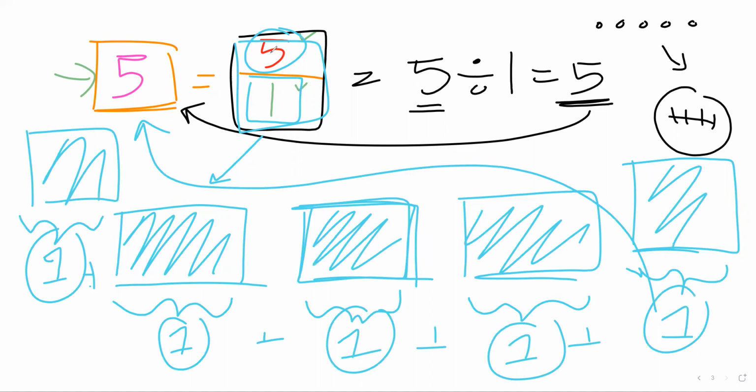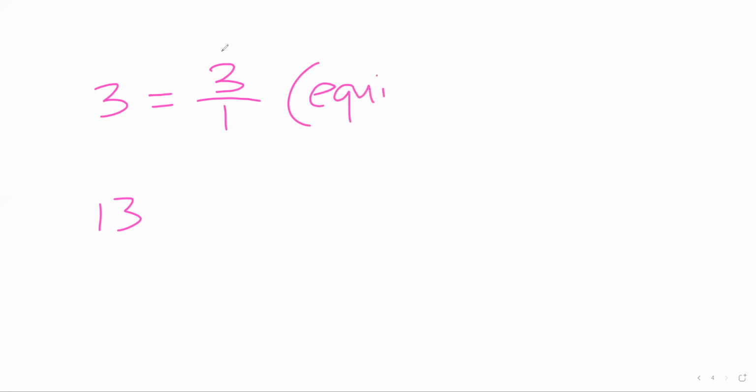So that's the why of all of this. But let's just look at the basic how this works. When we have a number, I think 3 and 13 were my examples before, and I erased them because I got crazy about 5. We're just going to take that number, and if we put it over 1, it's a fraction and it's equivalent. It's the same thing.